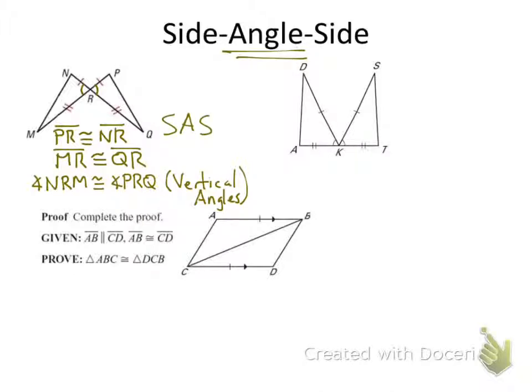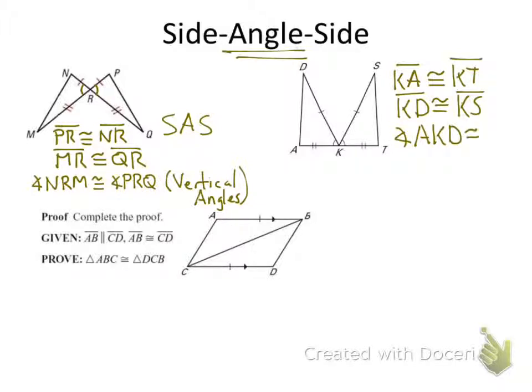Okay, we look up over on the top right, we have KA is congruent to KT. We have KD is congruent to KS. And we have that the two angles at K are congruent. And we can't call them angle K because we wouldn't know which angles we're talking about. So we're going to say AKD is congruent to TKS.